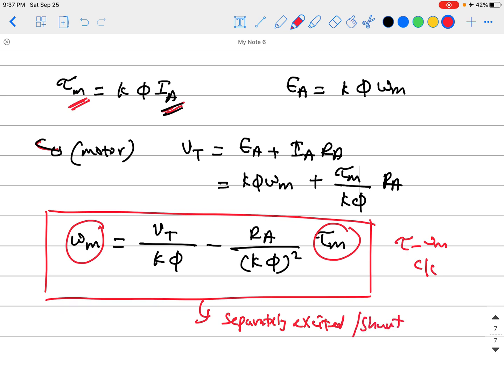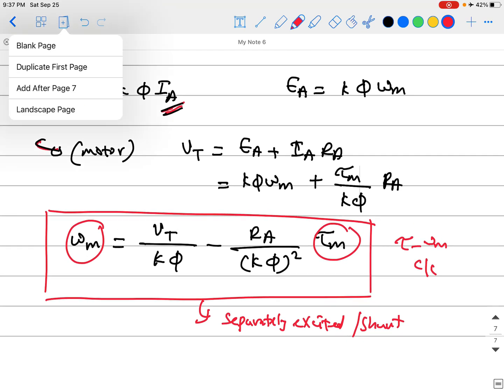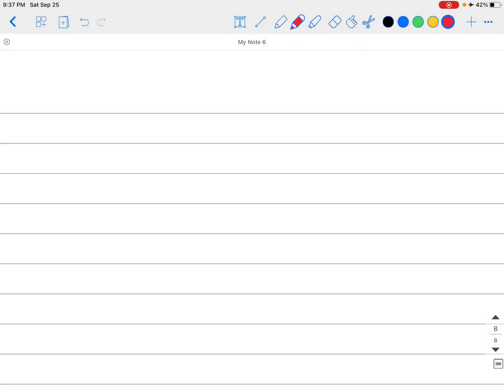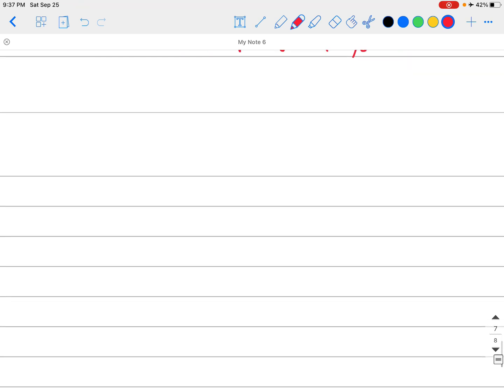So this can be applied to both the separately excited machine and the shunt connected machine. When we go to the series connected machine, which is the third connection, we'll be rederiving the equation for it particularly. It can be done with the same idea, but the series connected machine has unique characteristics.